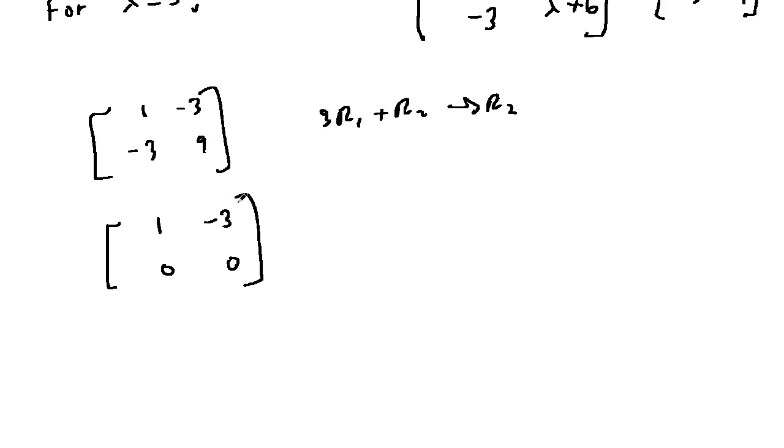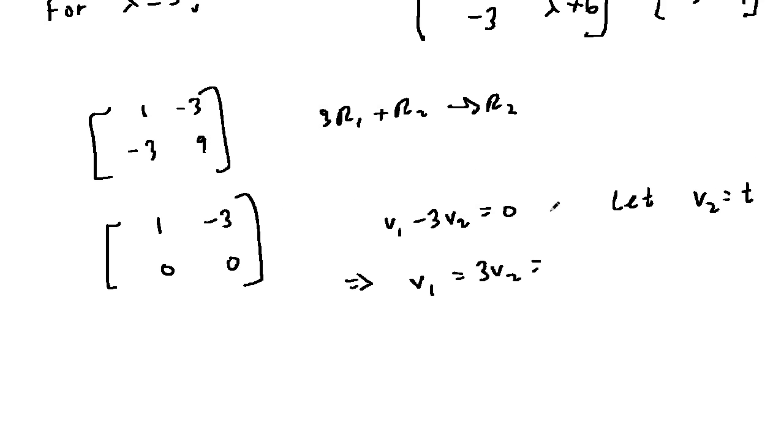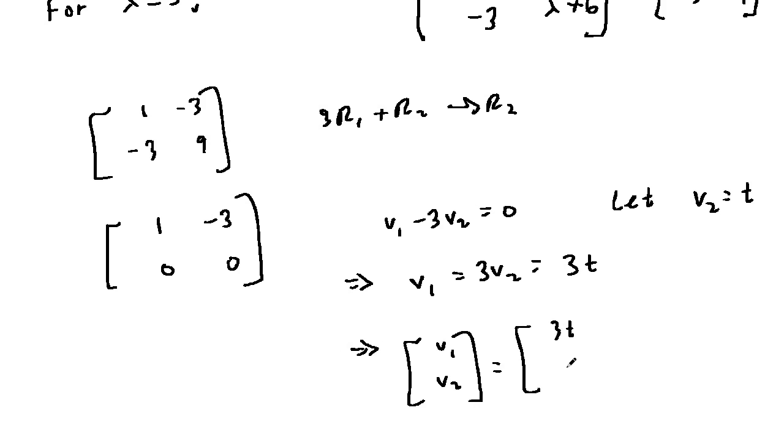this. So from the first row, I get v1 minus 3 v2 equals 0. Let v2 be t. So v1 equals 3 v2, which is 3t. So v1, v2 is equal to this.